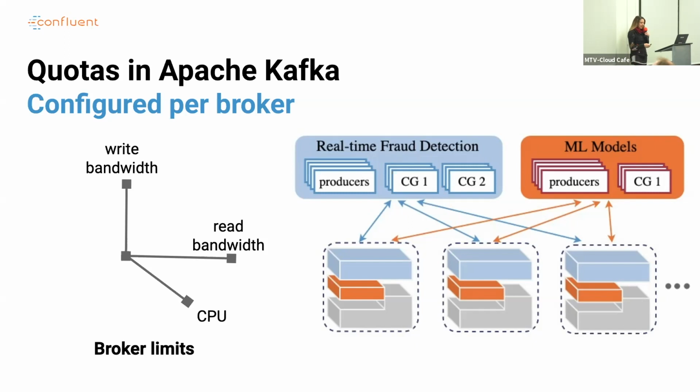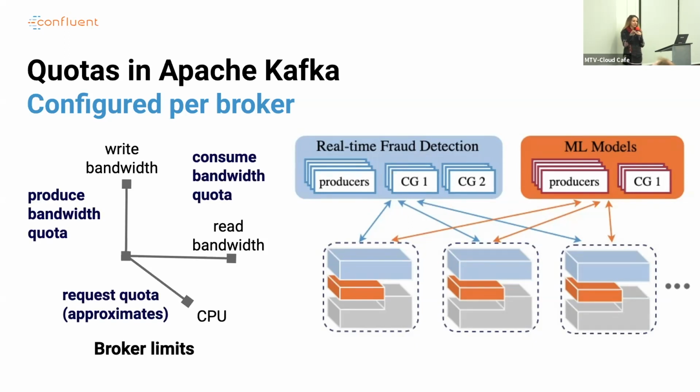And that maps pretty nicely into the quotas that you can allocate on a Kafka broker. In the quotas framework that we have, quotas are set per broker. So you still think of per-broker capacity, and then of course you add all of them, and your total quota would be the aggregate of all your brokers.